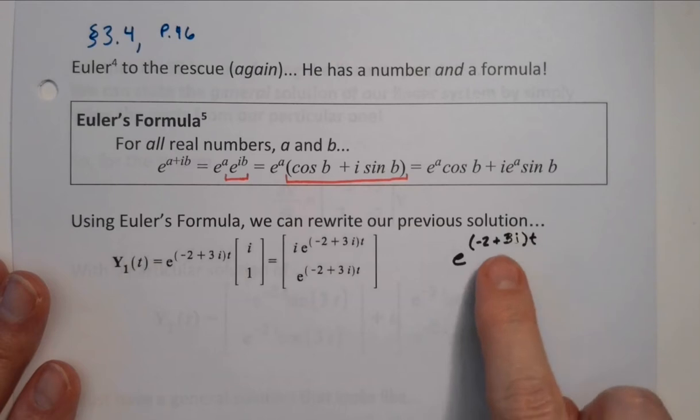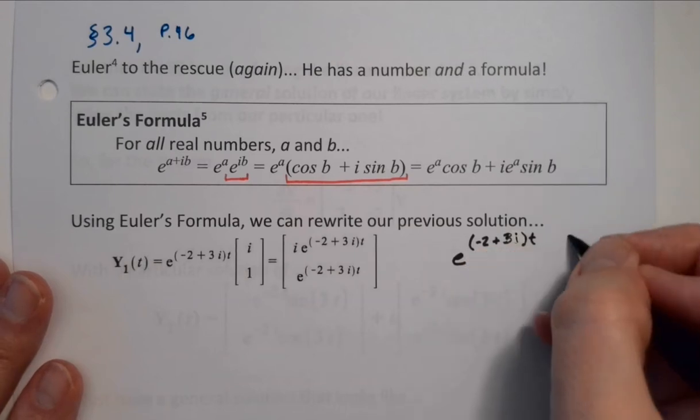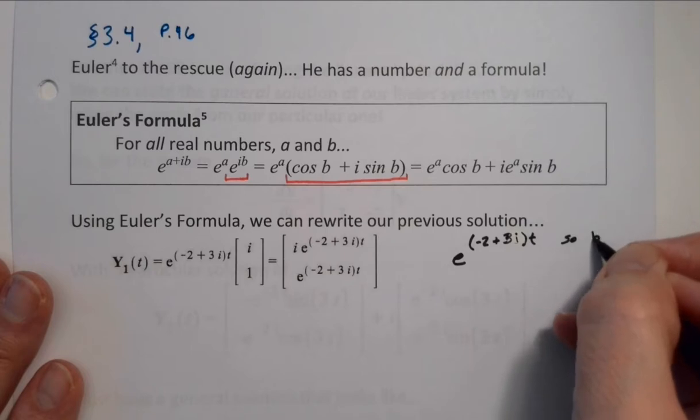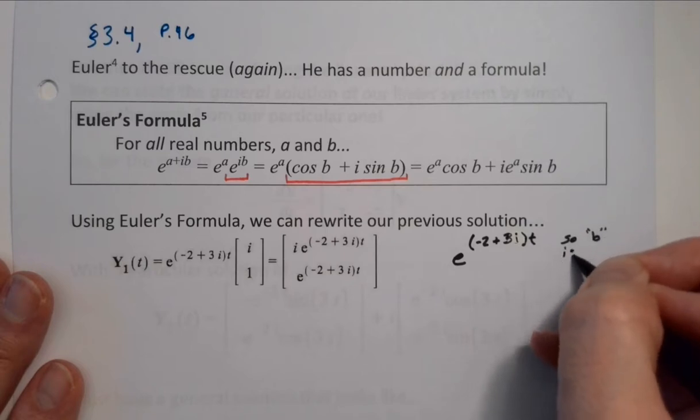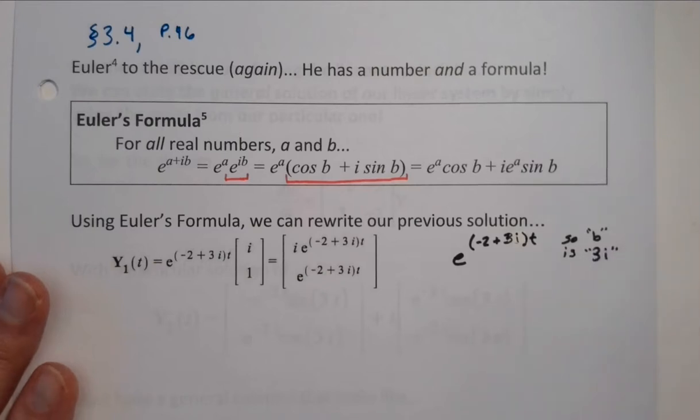That means the a and the b are negative 2 and 3. Just keep that in mind. Sometimes people get hung up on that when we're doing this.